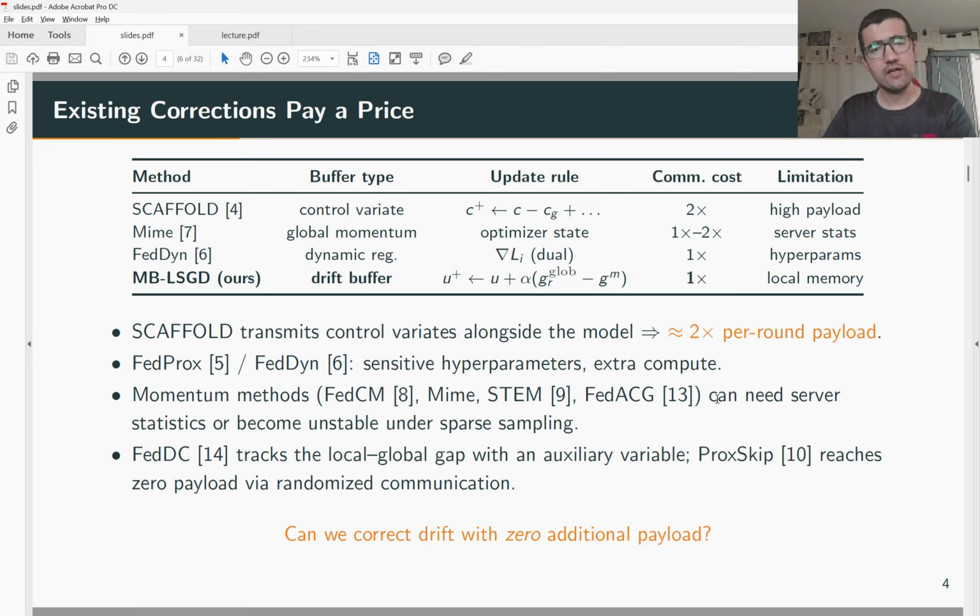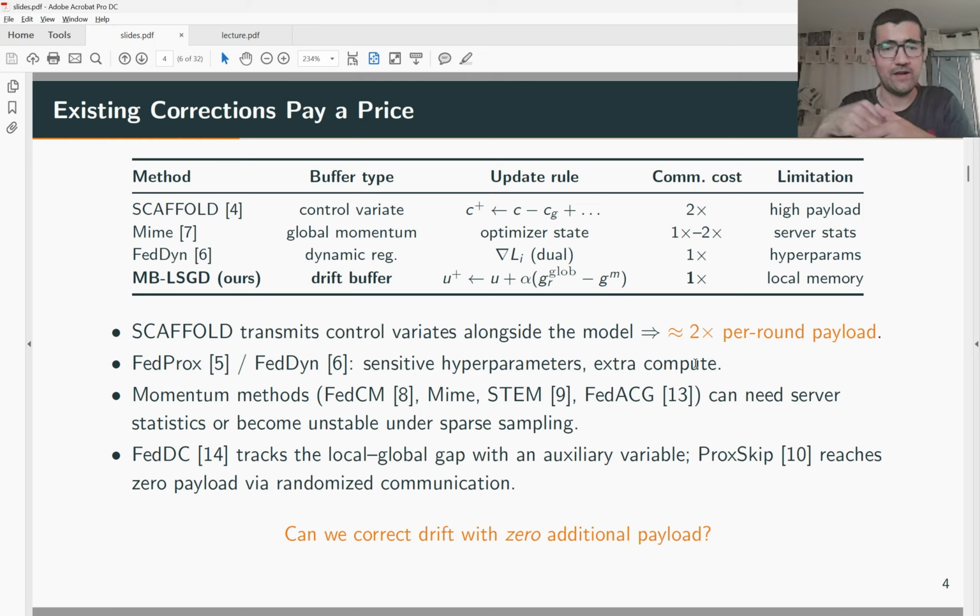Of course, we are not the first to attack client drift. The table gives you the landscape. The gold standard is SCAFFOLD, which corrects drift with control variates, and it works. But the client has to ship its control variate along with the model, which roughly doubles the per round payload. Regularization methods like FedProx keep the payload at one model, but they bring sensitive hyperparameters and extra compute.